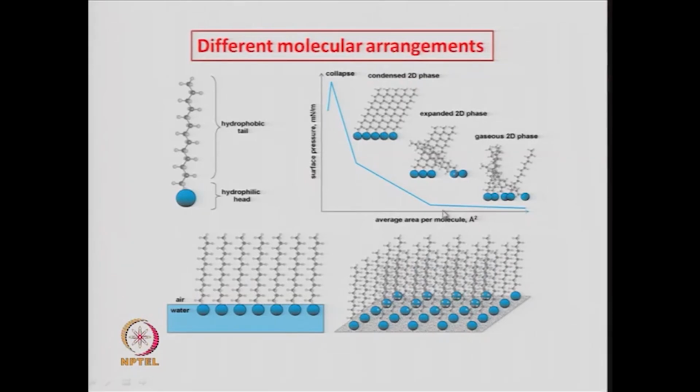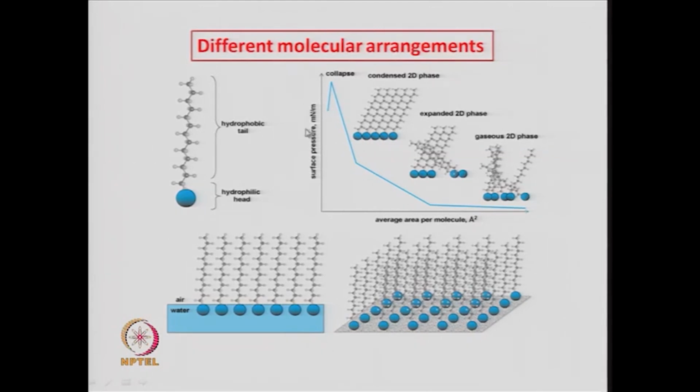When you are bringing the two barriers closer, the average area per molecule, you can say, is becoming lesser and lesser as you are bringing the barriers close to each other. So, then the surface pressure rises, and as you bring it further down, it again rises.